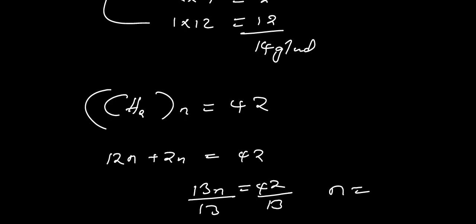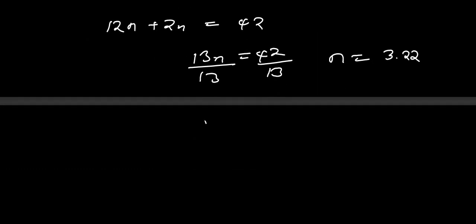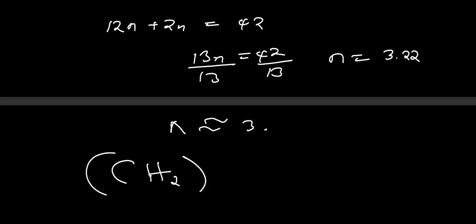So our n is equal to, when you divide this, what do you get? 3.2. Something like this. So we're just saying approximately our n should be a whole number, which is just 3. The actual value gives you 2.9, which is okay, which is just a 3 as well.